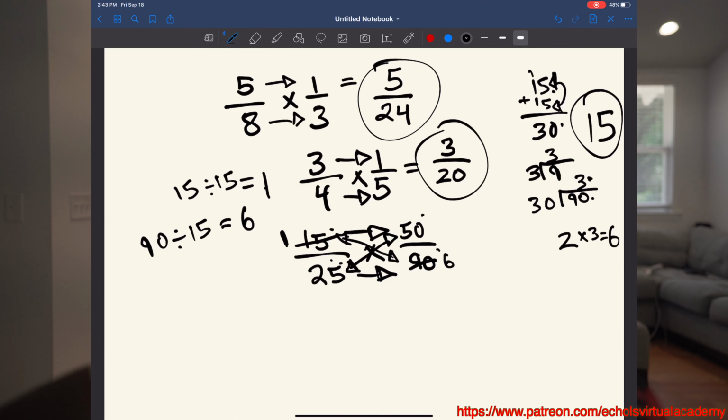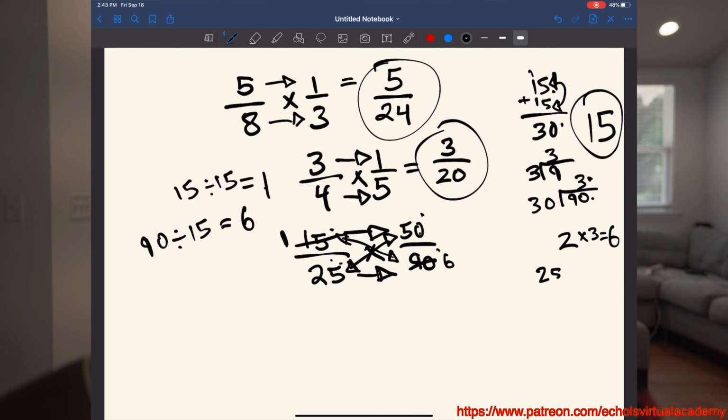Well, if you get 2 quarters, how many cents is that? It's 50. So the biggest number that can be divided by 25, or divided into 25, is 25. And the biggest number that can go into 50 that they have in common is also 25.